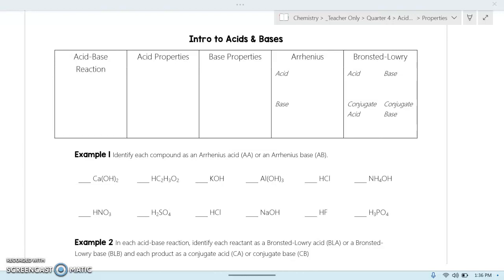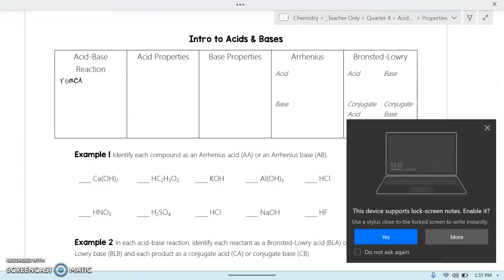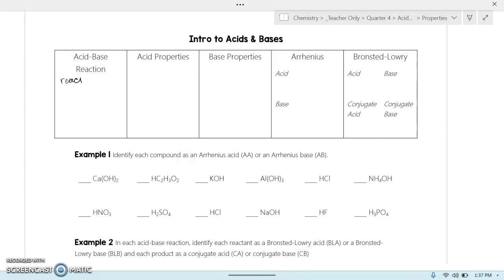So first we want to look at acid-base reactions. An acid-base reaction is a reaction between hydrogen and hydroxide compounds that form salt in water.